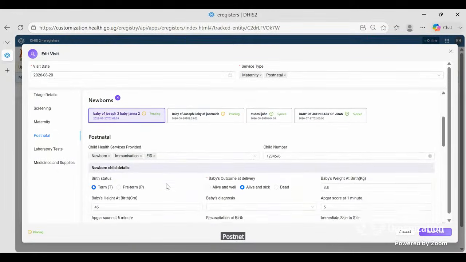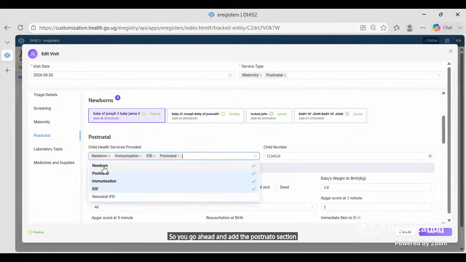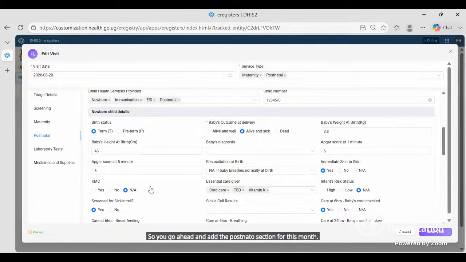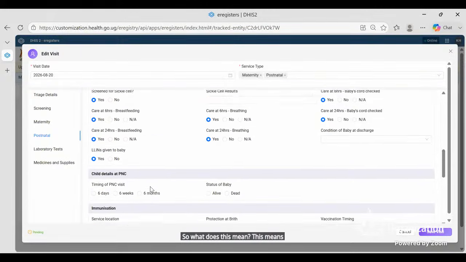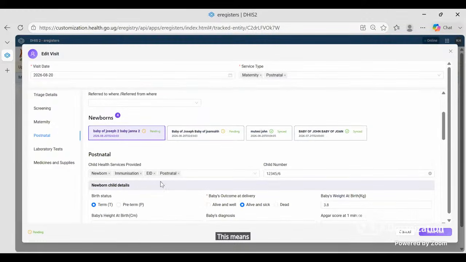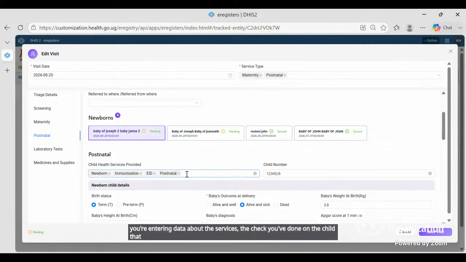So you go ahead and add the postnatal section for this mother. So what does this mean? This means that for this particular child, you're entering data about the services, the check you've done on the child at postnatal within the mother's postnatal interface, but this information is being stored about the child.